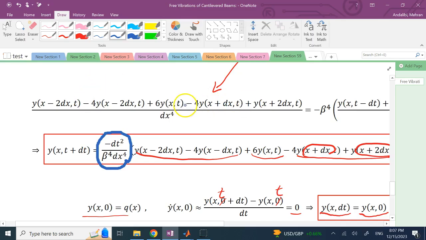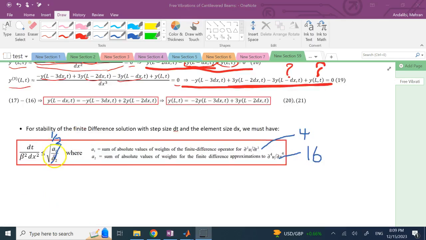Okay, so the number for A2 is what? 16. So if you plug 4 and 16 here, that's going to be 1/4. The square root of 1/4 is 1/2. So that dt over beta squared dx squared has to be less than 1/2. Last time it was 1. This time it's 1/2. Because we use a higher order operator with a lot more terms and with bigger maximum sum of absolute value for the fourth derivative of x.